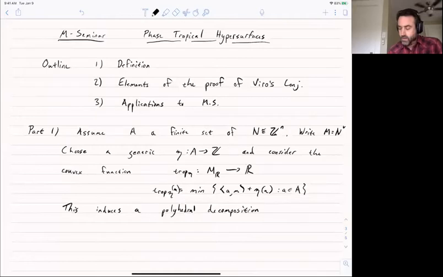And the codimension one part. So let me call this polyhedral decomposition capital Trop. So here I'll include all of the strata, even the maximal strata.